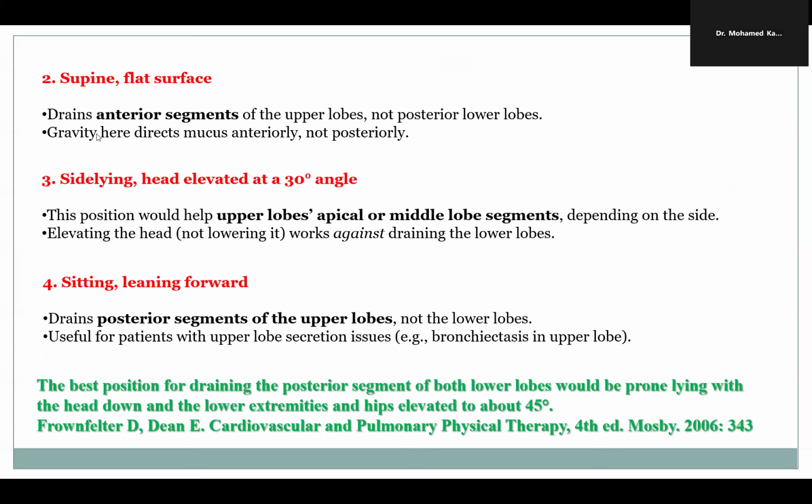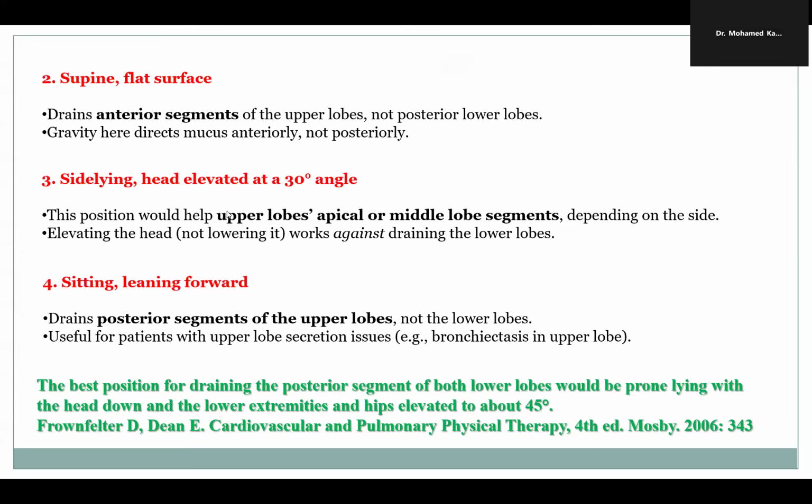Incorrect answers: supine flat surface. This position is used to drain anterior segments of the upper lobes, not posterior lower lobes. So gravity here directs mucus anteriorly, not posteriorly. How about side lying, head elevated at 30-degree angle?